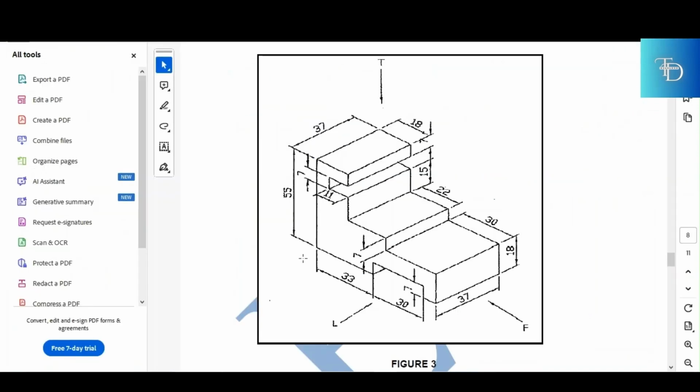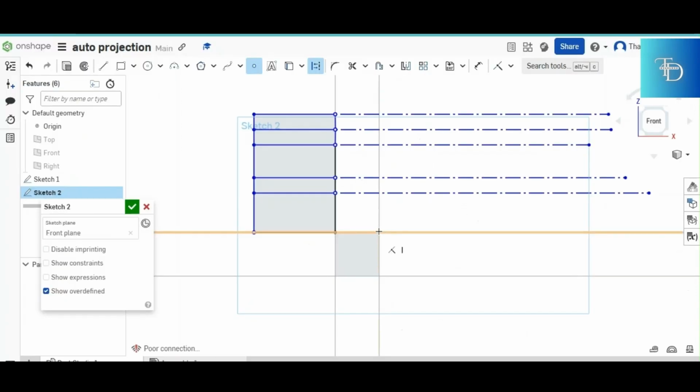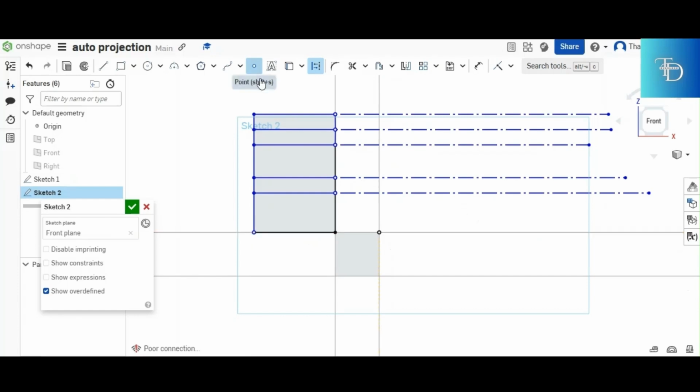Let's go back to our structure. We have that bottom left corner right there. We already went up by 55 because we projected the total height from the front. So from that 55, you shift to the right hand side by 18, because remember, we're trying to come up with this whole shape right there. It starts by going to the right 18 units from that bottom left corner.